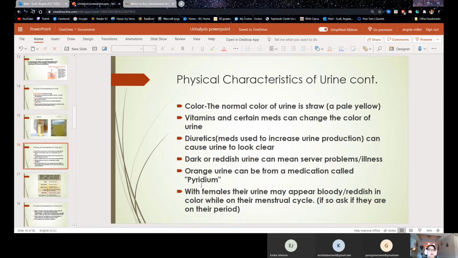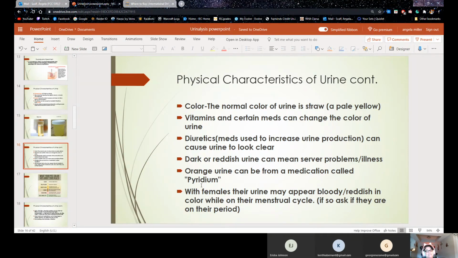And pyridium is wonderful because it's an actual dye, but for whatever reason, this dye has a very muscle relaxing effect on the bladder. So it helps release and relieve the patient of those bladder spasms.